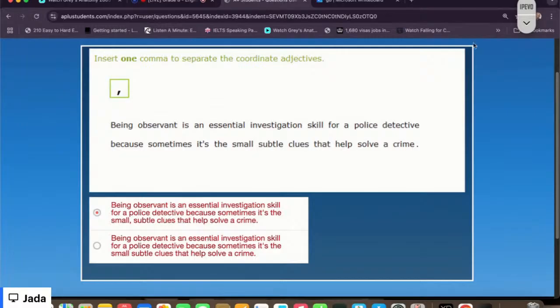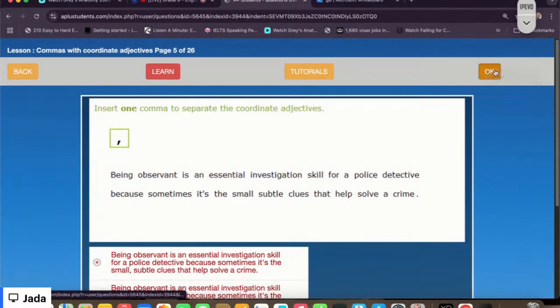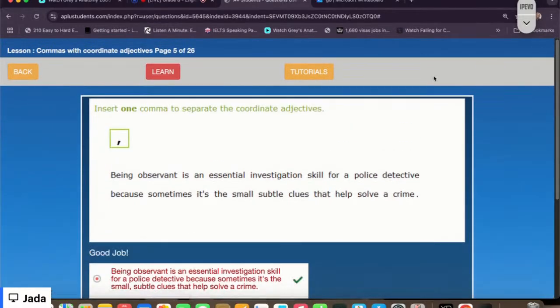Okay, so we have what? Subtle and small, right? So we put a comma in between that.